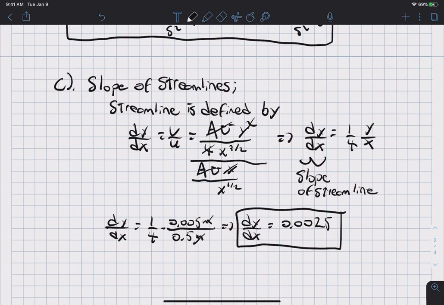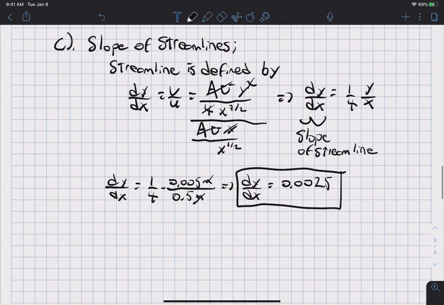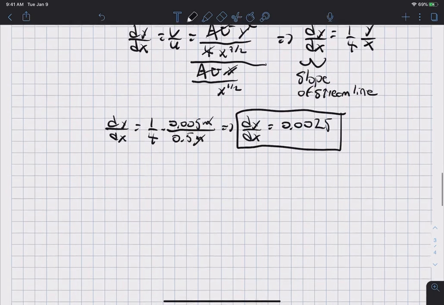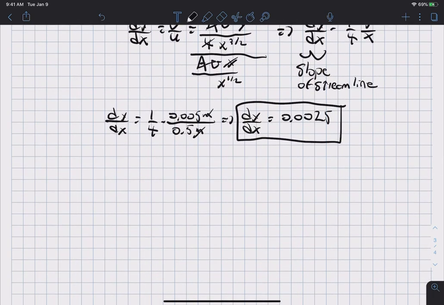Now note, you could consider this as somewhat of a small review for stuff we did quite a while ago, that if the problem asked for the equation for the streamlines, we could certainly do that.